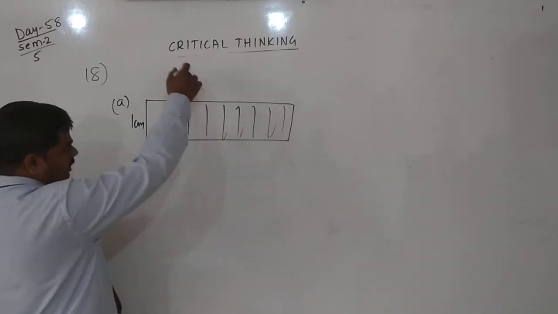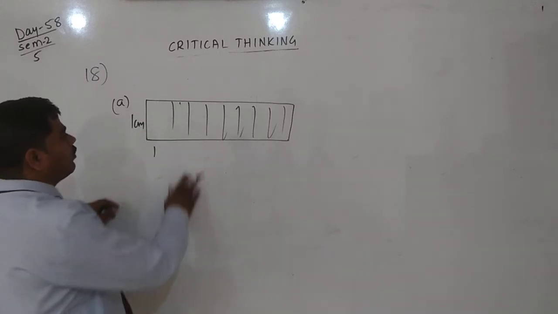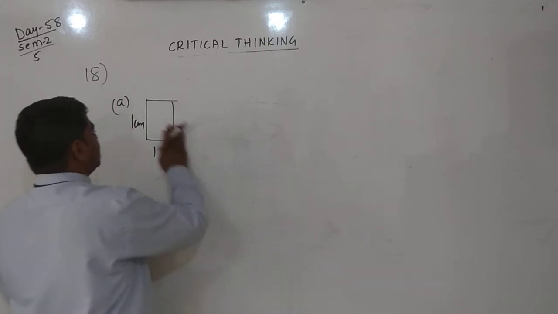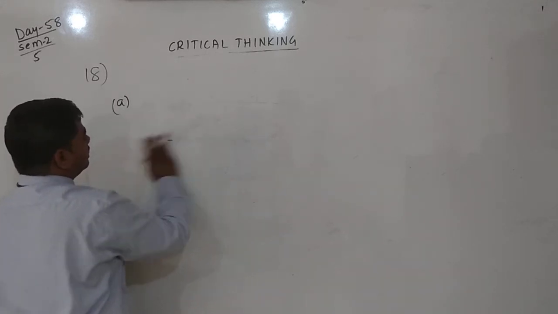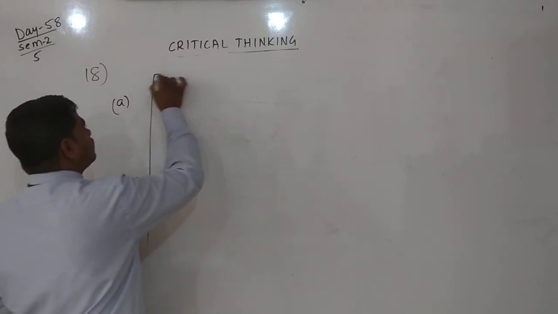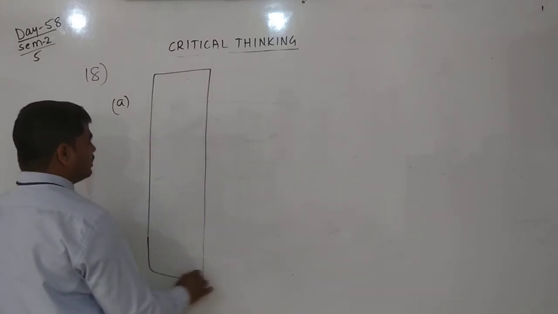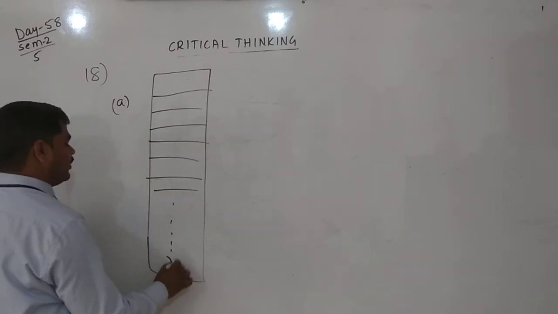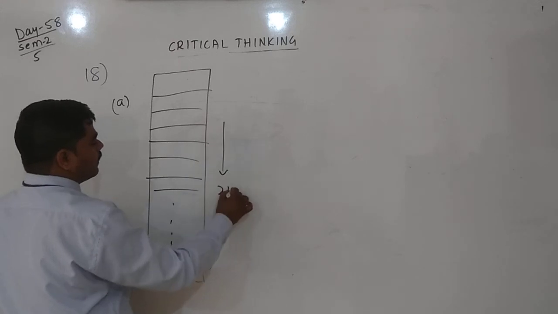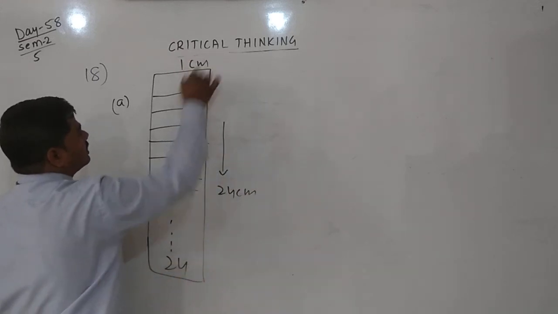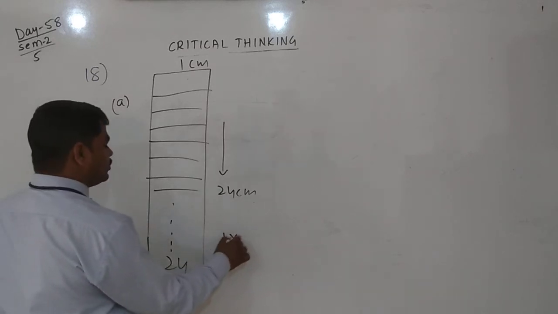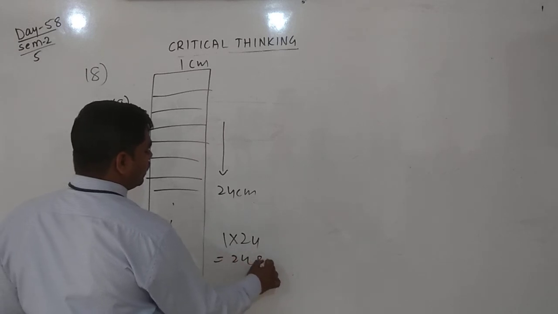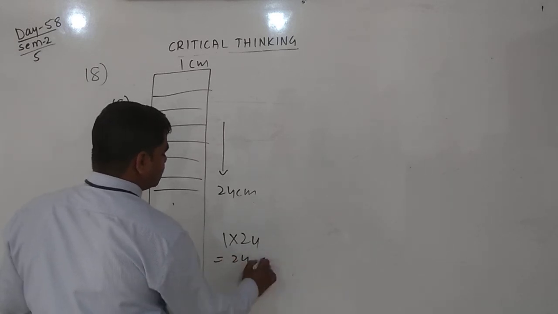One column can be equal to 24: 1, 2, 3, 4, 5, 6, 7 up to 24. This is 24 centimeter, and this is 1 centimeter. Then we can write 1 into 24, length into breadth, that is 24 square centimeter.